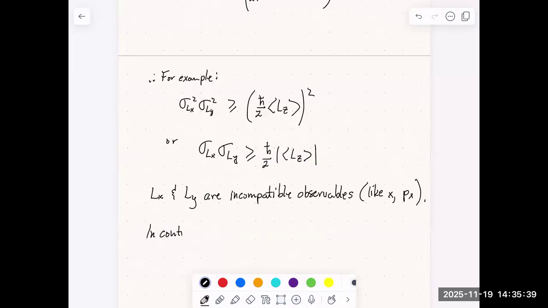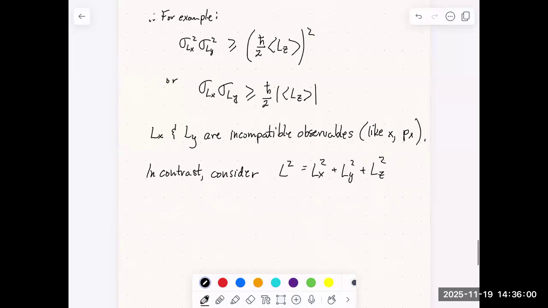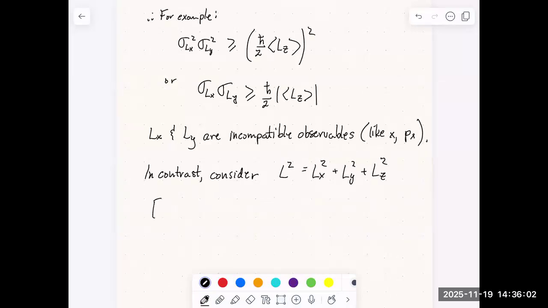All right. So I want to contrast this with another case. So in contrast, what I want to do is consider the magnitude, or the square of the magnitude, of the angular momentum. So Lx squared, Ly squared, and now Lz squared all added together. Okay, so what's going to happen if I do that?